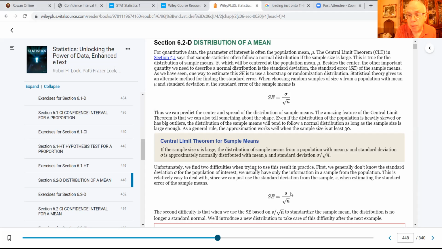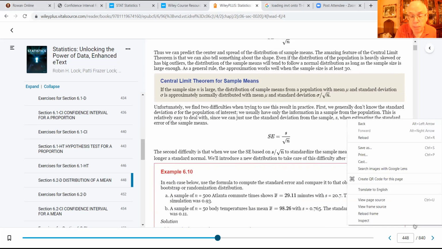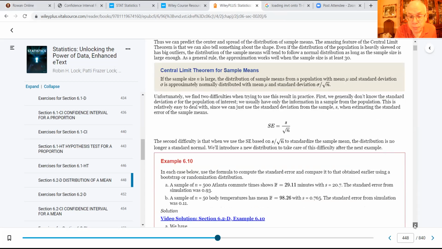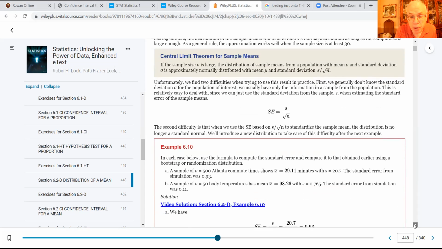And so s divided by the square root of n would be an estimate of the standard error. However, if you do that, then the normal distribution can't be used anymore. We have to use another distribution, which we call the t distribution. We'll get to that in a minute. But anyway, that is the standard error.